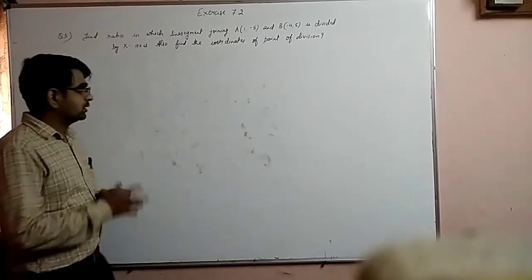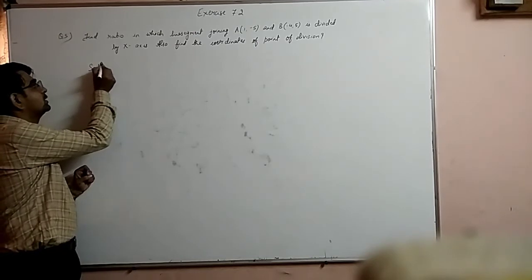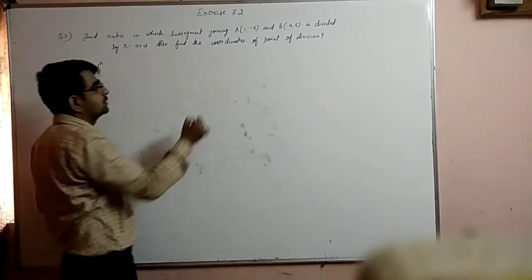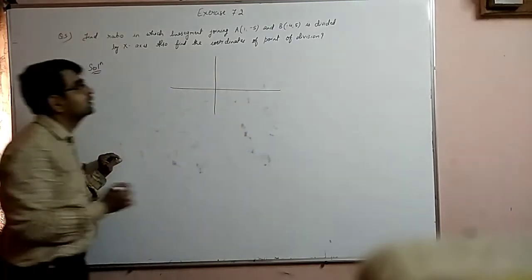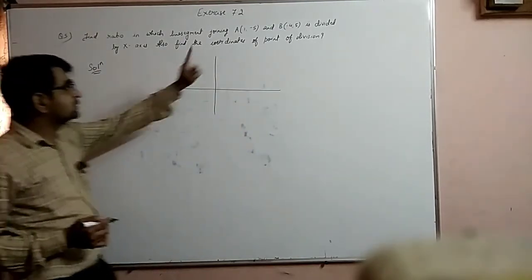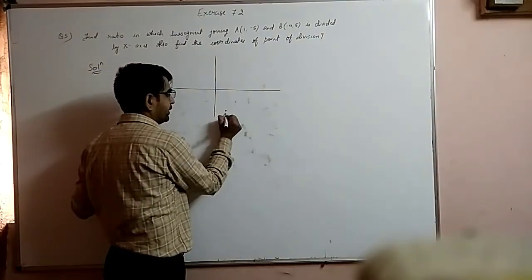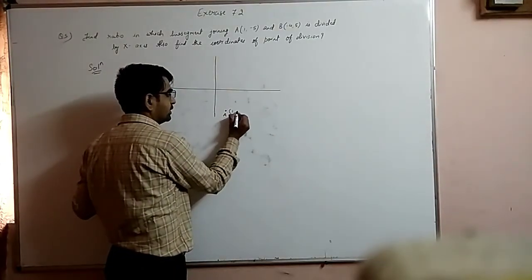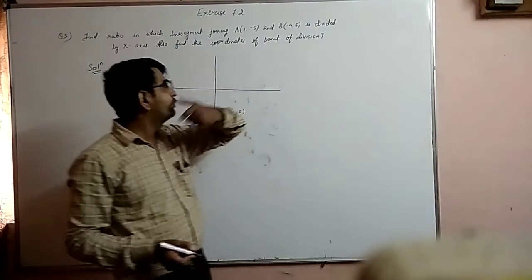Okay, see, suppose this is point A, which is (1, minus 5), and the second is (minus 4, 5).